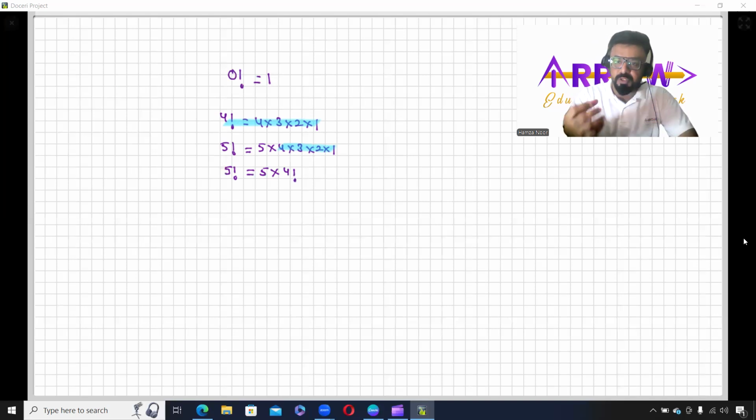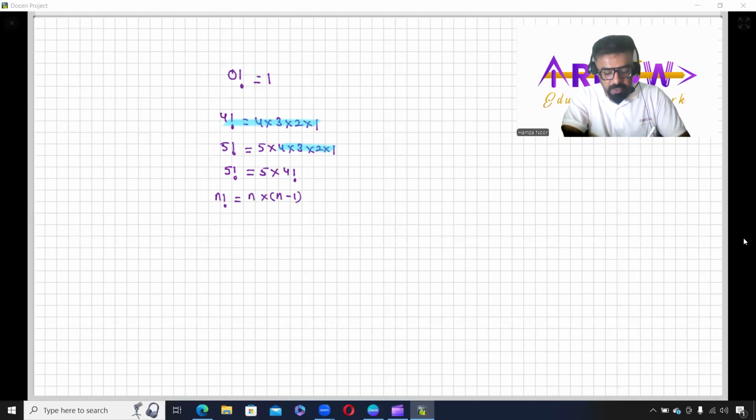Now we can make a generalized formula: n factorial is basically n into n minus 1 factorial. Make sense? As we have seen, 5 factorial means 5 times 4 factorial, and in the same way, n factorial is exactly the same thing as n into n minus 1 factorial.